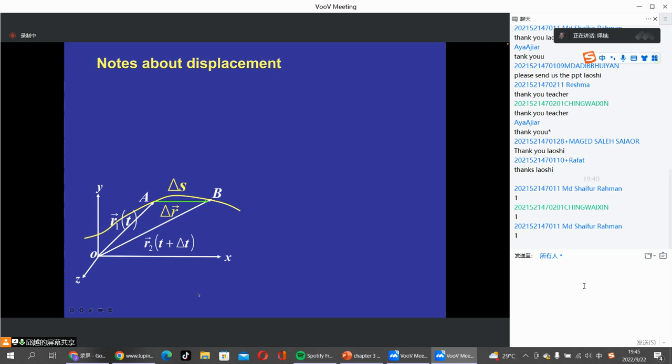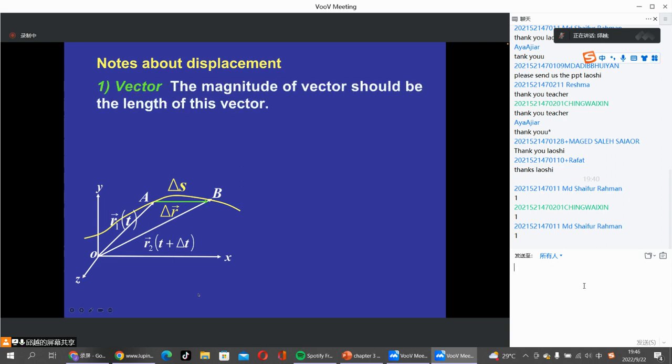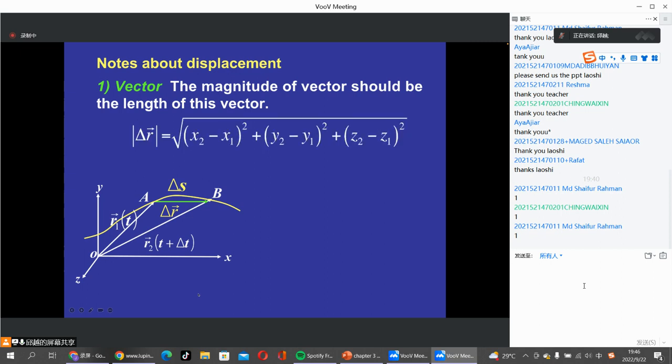Here are some notes about displacement. One, the displacement is a vector. The magnitude of the vector should be the length of this vector. Here is how to calculate the displacement vector. And the second one is also very important. The displacement vector is different from the path.